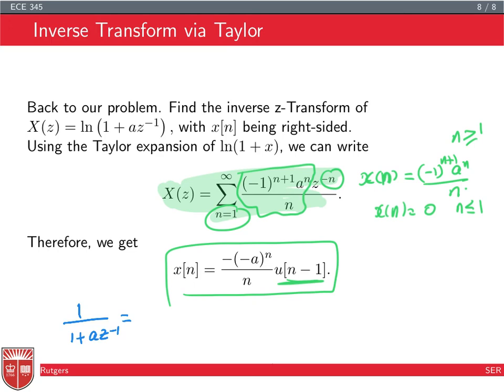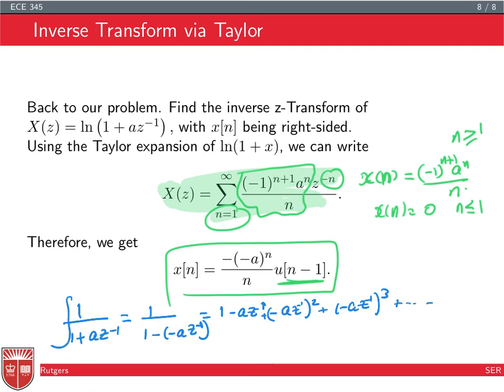We know this would be written as 1 divided by 1 minus (-az^-1), which is 1 minus az^-1 plus (az^-1)^2 minus (az^-1)^3, and so on and so forth.